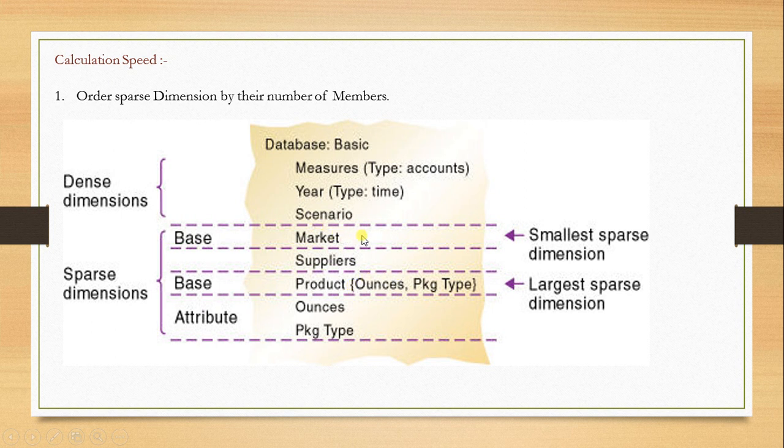So the market will have, suppose, 10 members, suppliers 20, and product 25. So when we want to improve the speed of our calculations and the business rules or calculation scripts, the dimensional ordering will be done in this way.